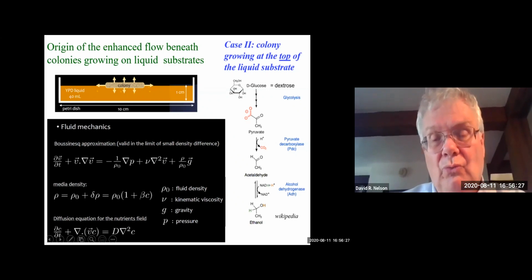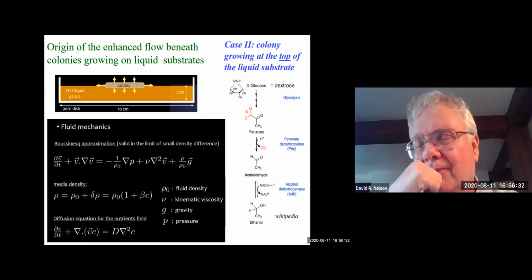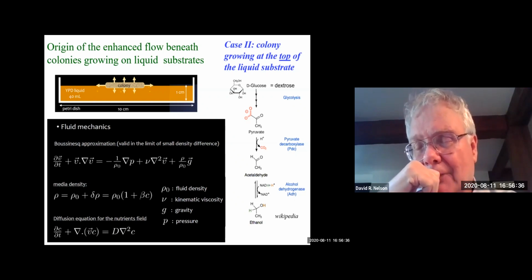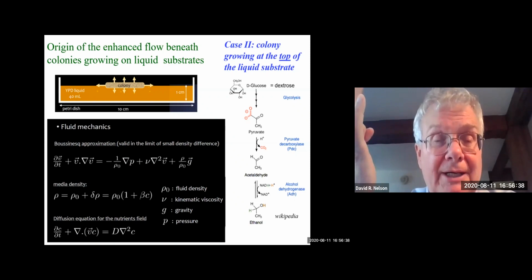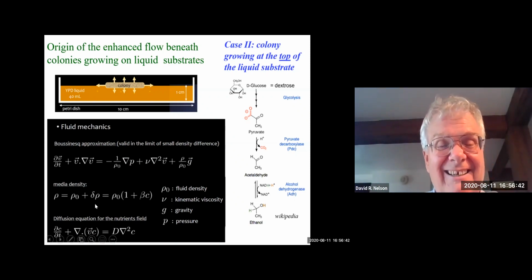And you could probably provide a very similar analysis of what happens with the heat. So it's probably similar. We will be working in a Boussinesq approximation here, where we imagine that the medium density depends on the concentration. In this case, the concentration of nutrients.